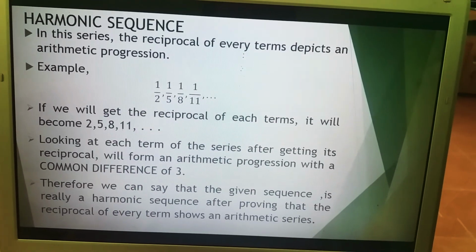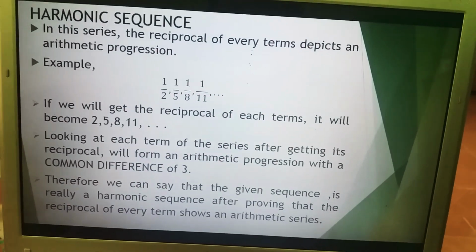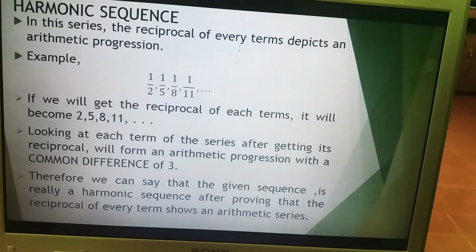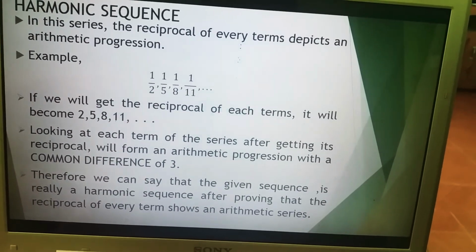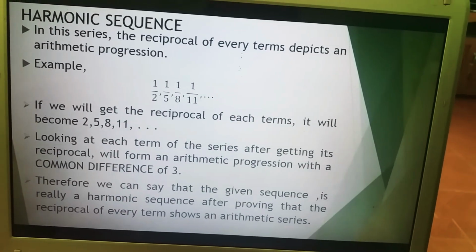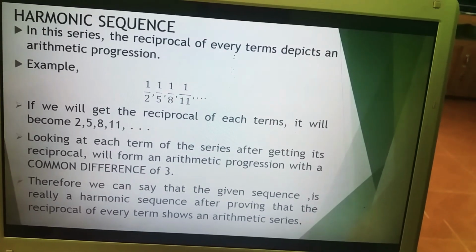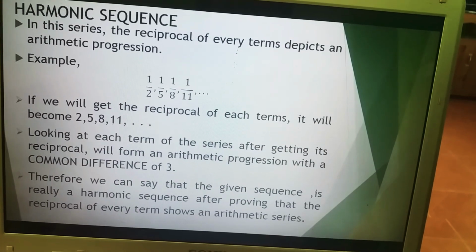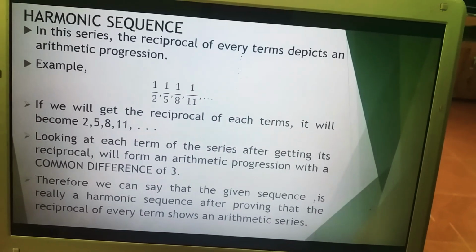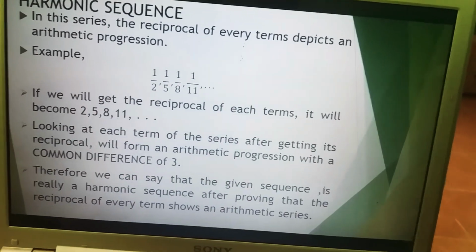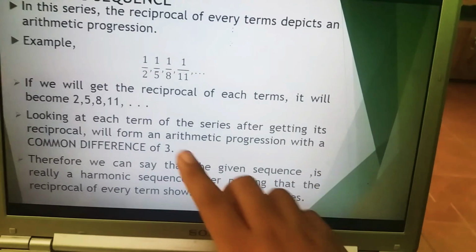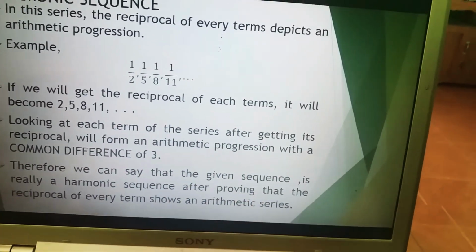Therefore, we can say that the given sequence is really a harmonic sequence after proving that the reciprocal of every term shows an arithmetic series. We can say that a series is a harmonic sequence if we get the reciprocal and it becomes an arithmetic series.